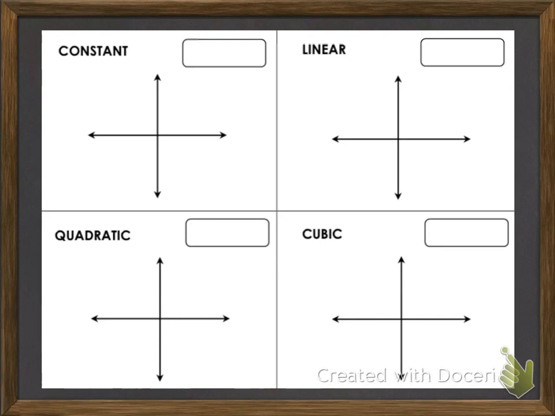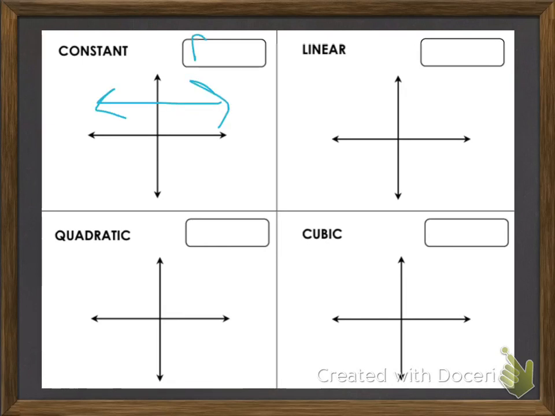So now, let's see what all those parent functions look like, but these should be pretty familiar. We've done these before. So first, let's look at a constant parent function. That would look like a horizontal line, since you have to have y is equal to some number.